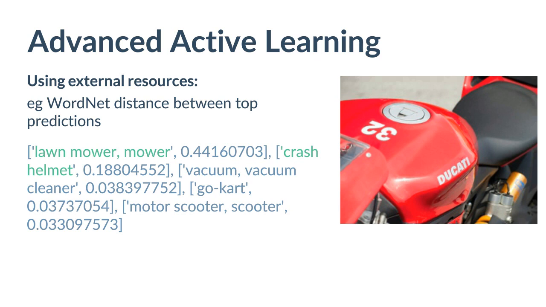But if we looked at the WordNet hierarchy, we would see that lawnmower and crash helmet are really distant from each other. So I think it would be okay if a crash helmet and a bicycle helmet were confused with each other. That would make sense. These are two objects that should look like each other. But lawnmower and crash helmet are really distant cousins in the WordNet hierarchy.